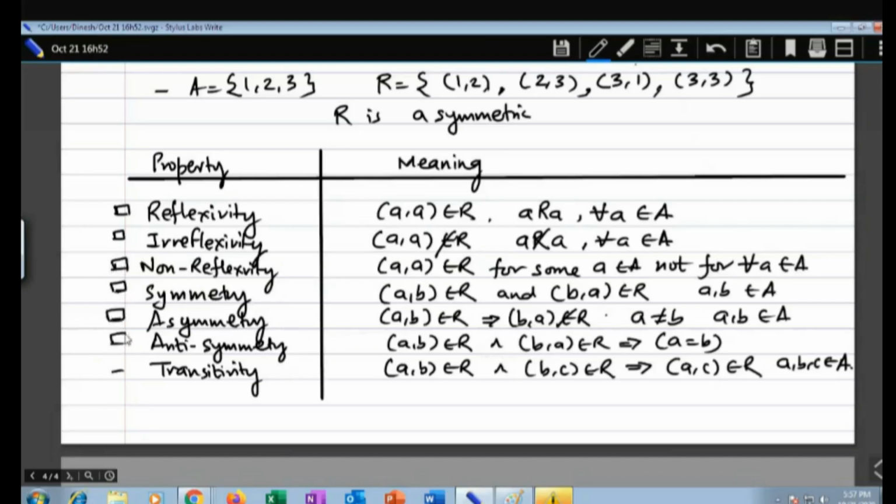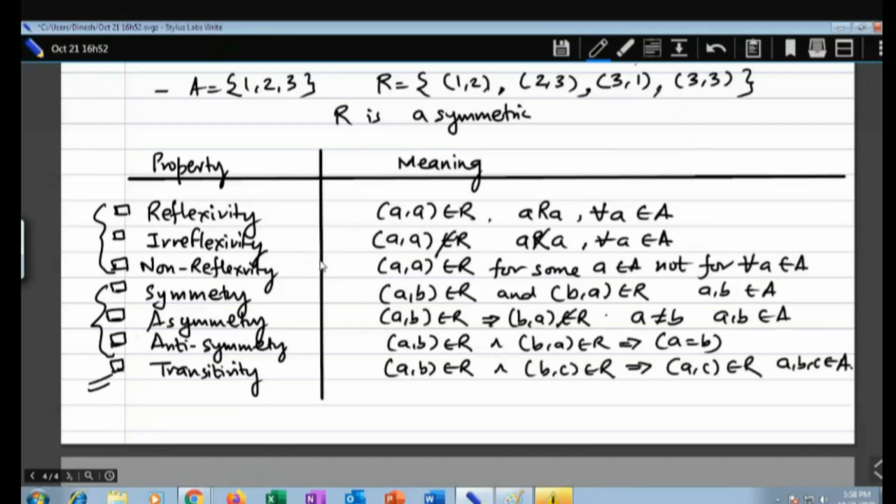At that time it is difficult to recall everything. So these three are about reflexivity, these three are about symmetry, and transitivity is separate. There is a chance to get confused between symmetry, asymmetry, and antisymmetry.